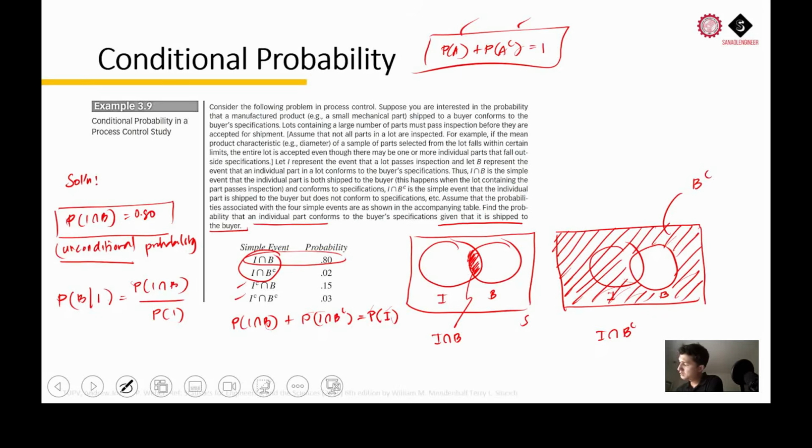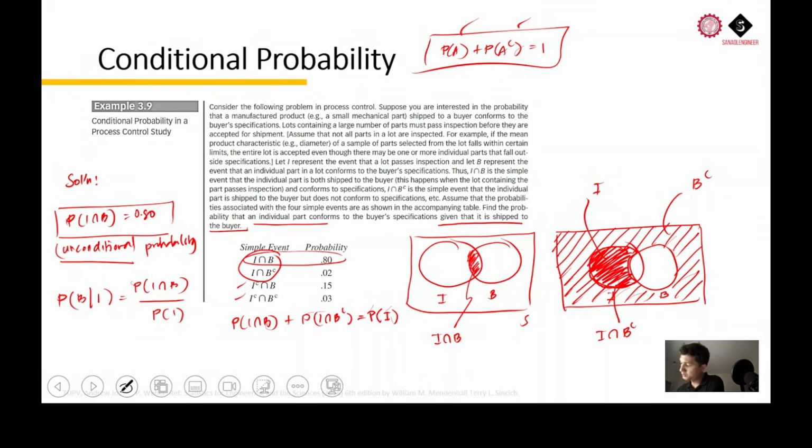If this is the complement of B and this is the I here, therefore the intersection of these events is this right here. Can you see that the intersection of I and the complement of B is this area?